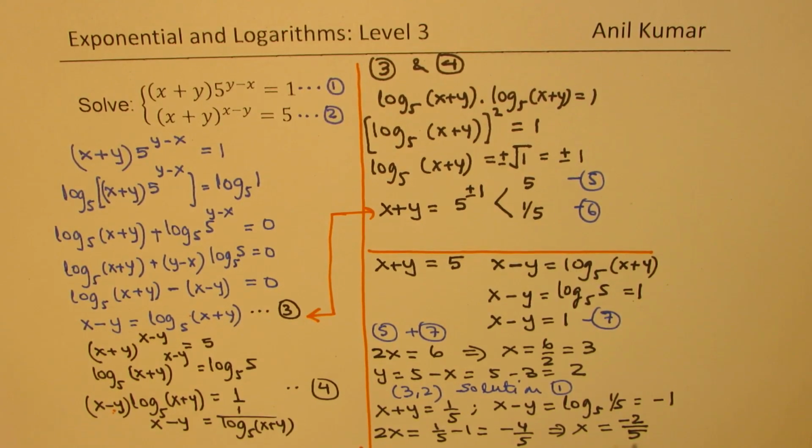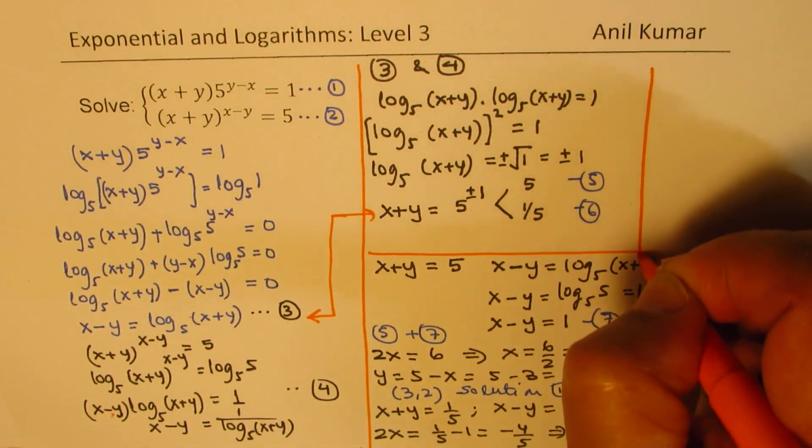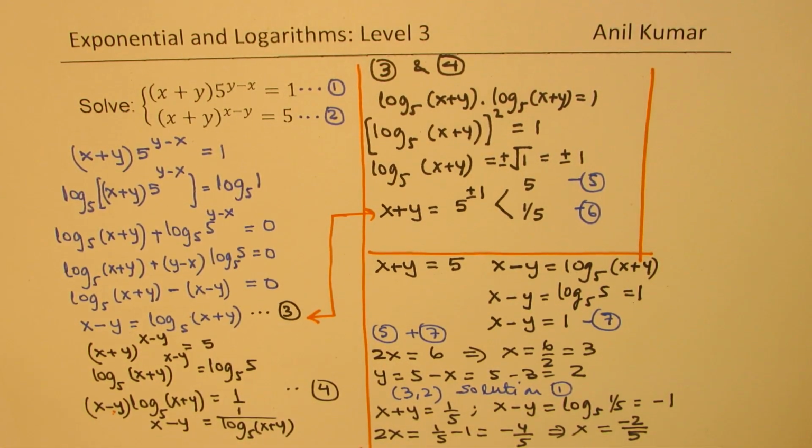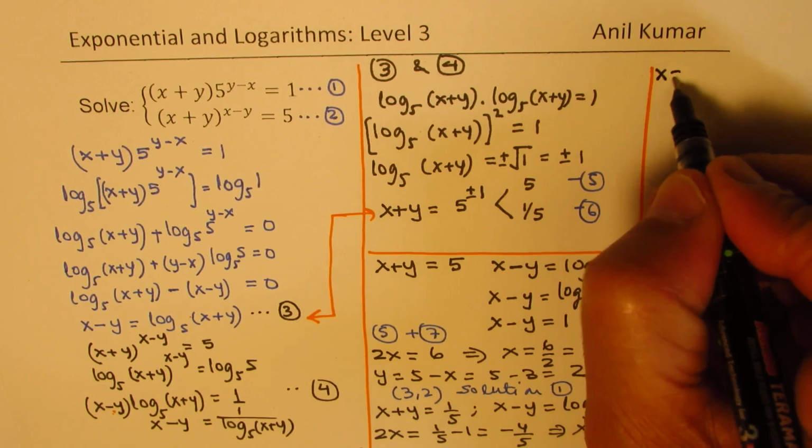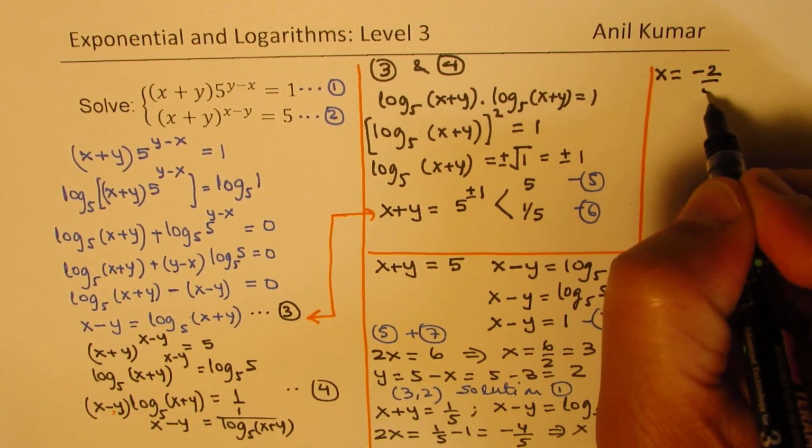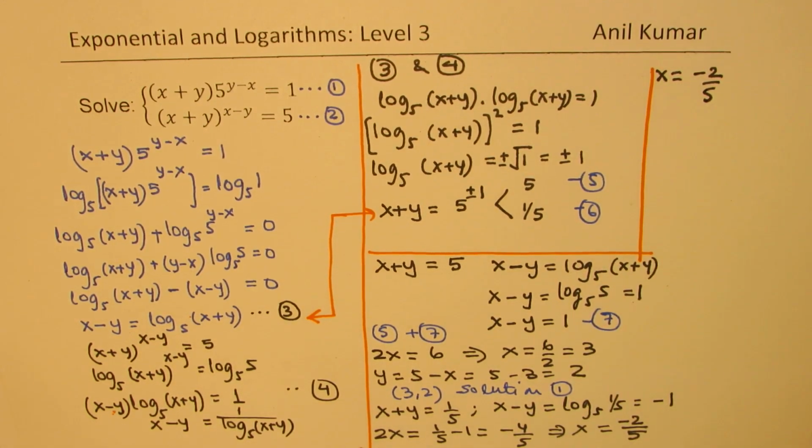And now you can find the value of y. What we just calculated is x equals minus 2 over 5. We are actually working on the second solution.